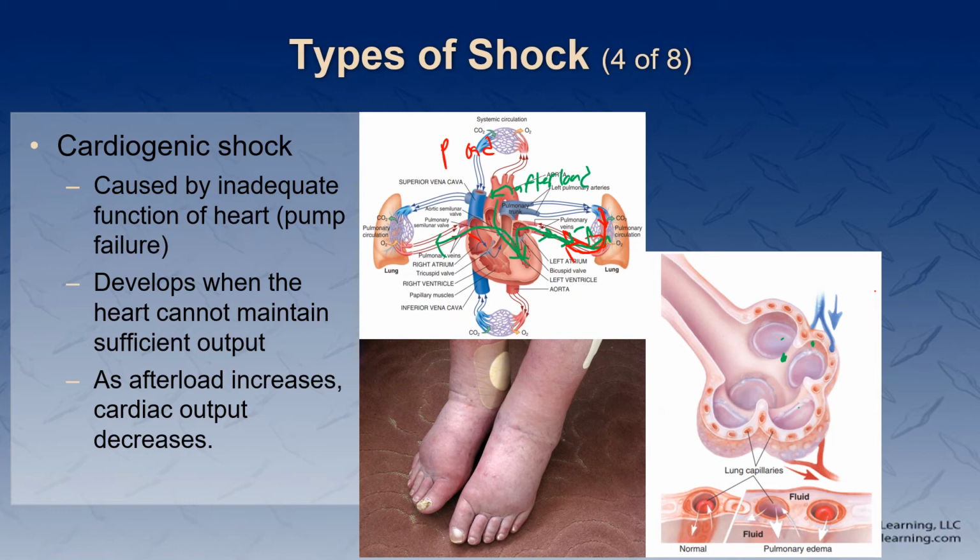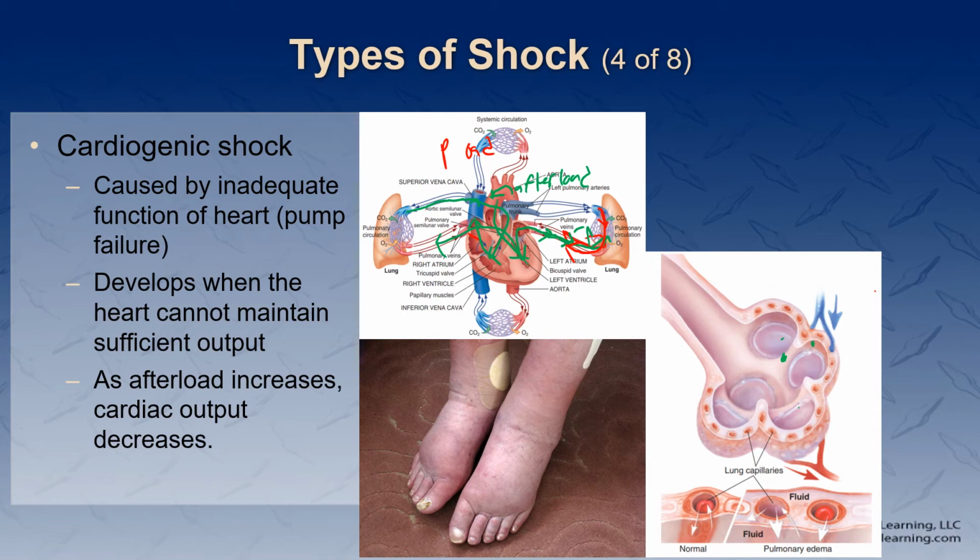So now we're getting this pushback from the lungs, and it's coming back into the right ventricle, which causes backup into the vena cava. Remember, the vena cava is supposed to be low pressure, but with a failing right heart and the weight of the failing left heart pushing against it, now you end up with fluid trapped in your vena cava, essentially flowing backwards.